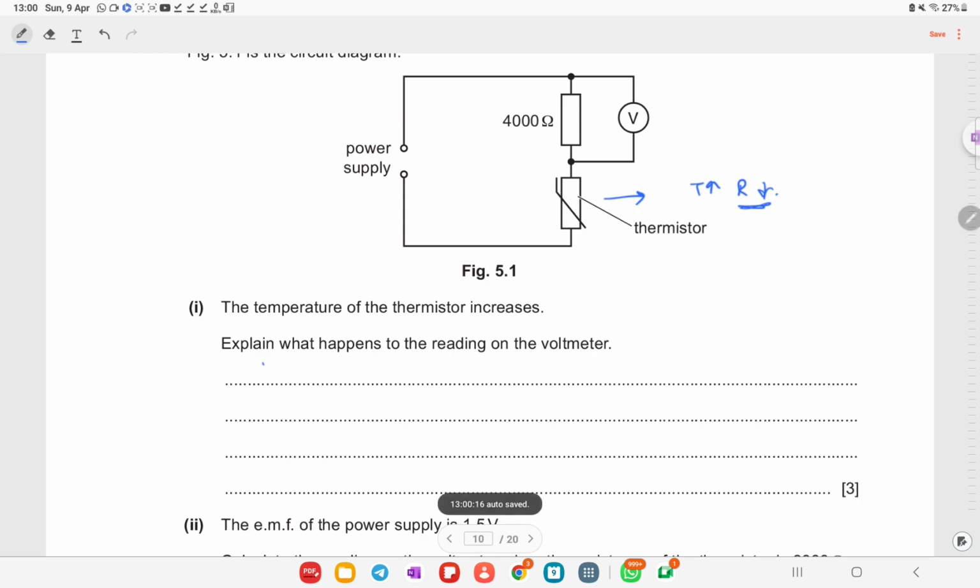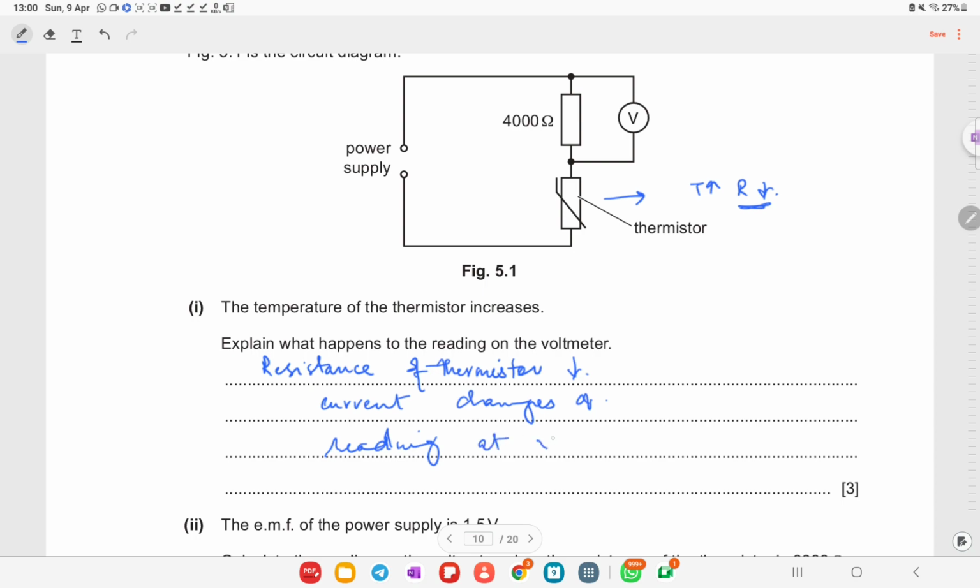So I'm going to write: the resistance of the thermistor decreases, current increases, and the reading of the voltmeter also increases.